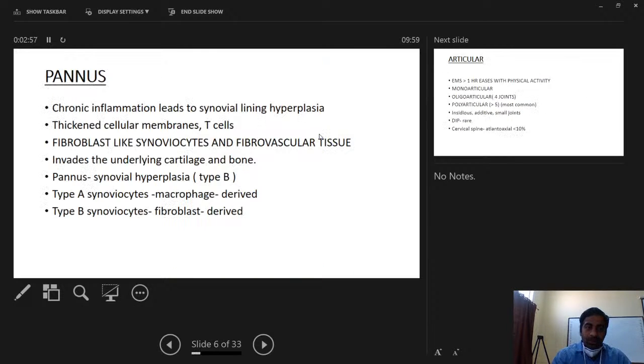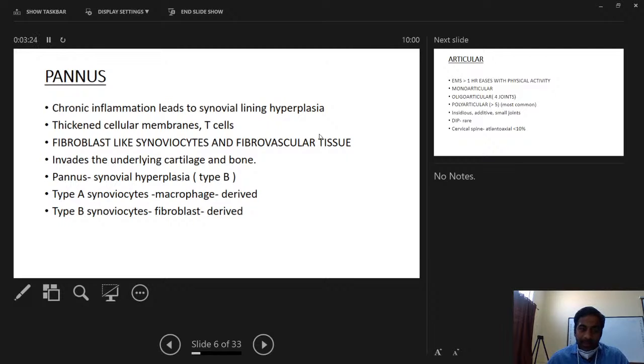So what is pannus? It is a chronic inflammation that leads to synovial lining hyperplasia. In the synovial joint there is an increase in the layers of cells and thickened membranes, T cells, all accumulated around the synovium. Fibroblast-like synoviocytes and fibrovascular tissue invade the underlying cartilage and bone.